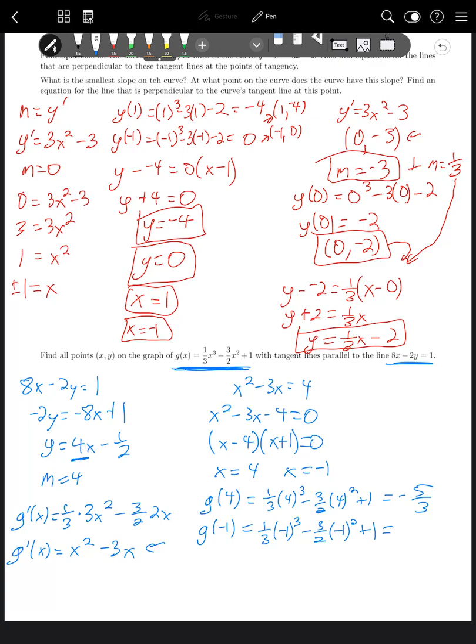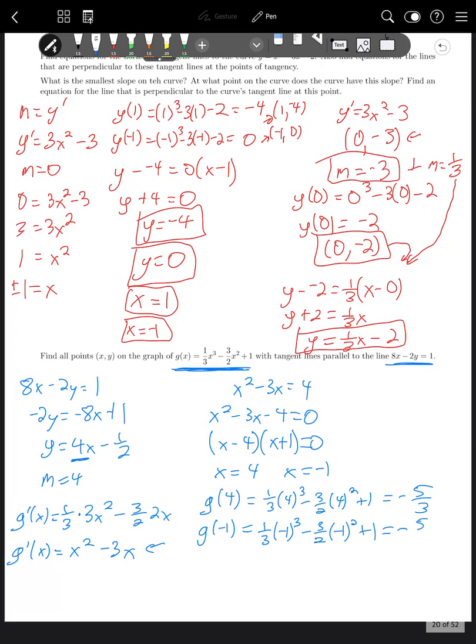So 1 divided by 3 times negative 1 minus 3 halves times positive 1 plus 1 is negative 5/6. So the 2 points are 4 comma negative 5/3 and negative 1 comma negative 5/6.